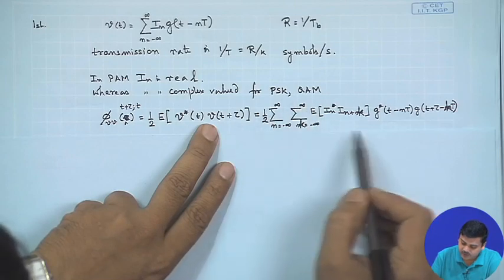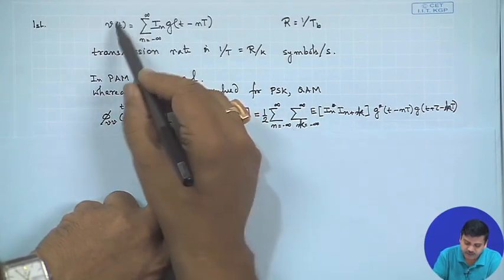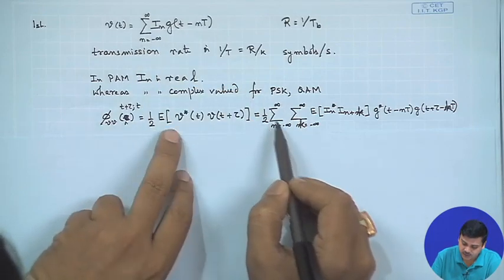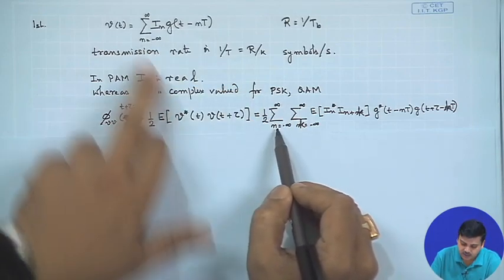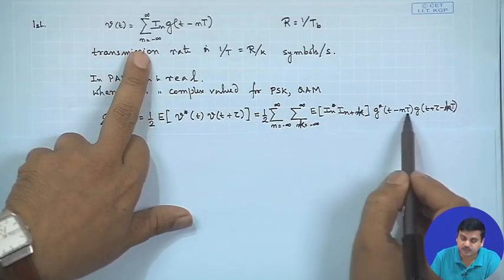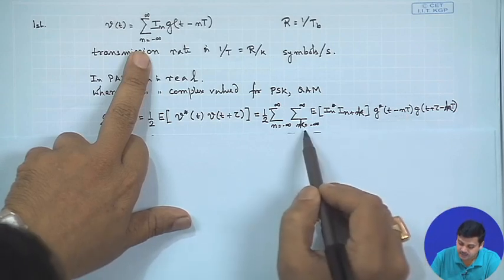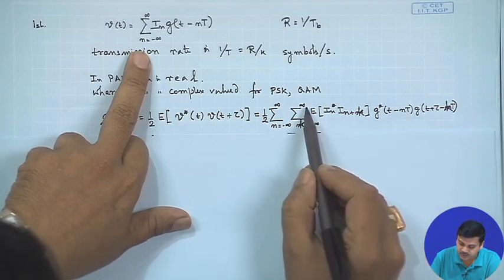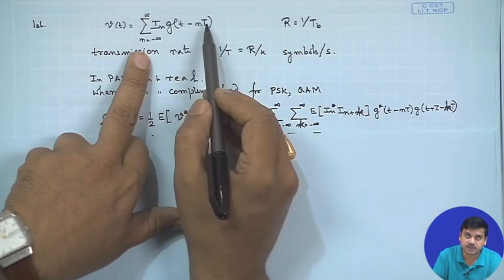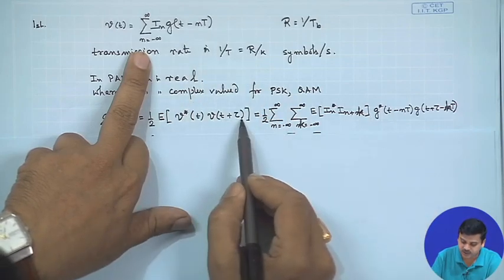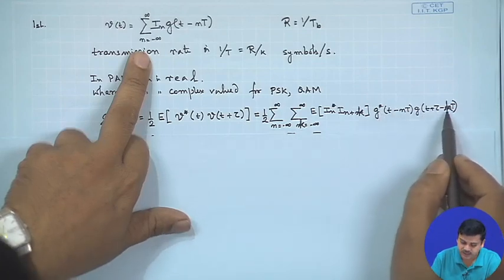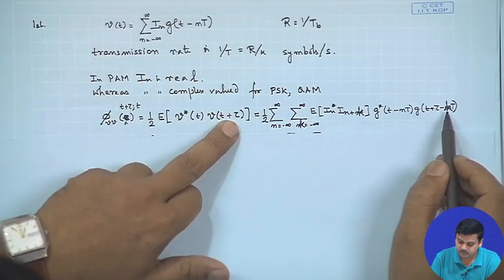When we write it down, what we have is half summation n equals minus infinity to infinity I n g(t minus nT), and there is a second summation k equals minus infinity to infinity I n plus k. So, we have something shifted with respect to this, and we have g(t plus tau minus kT) following this expression.